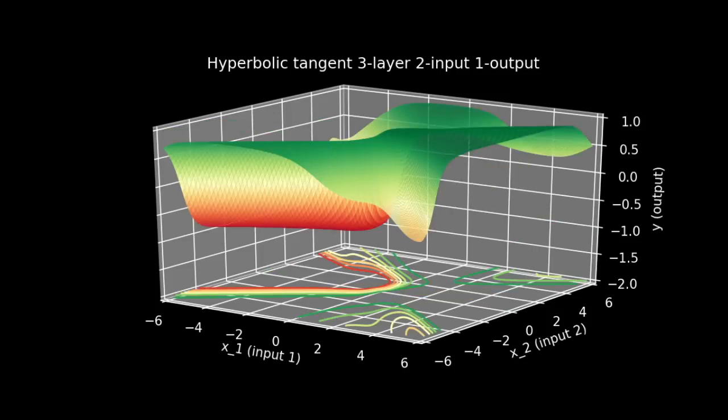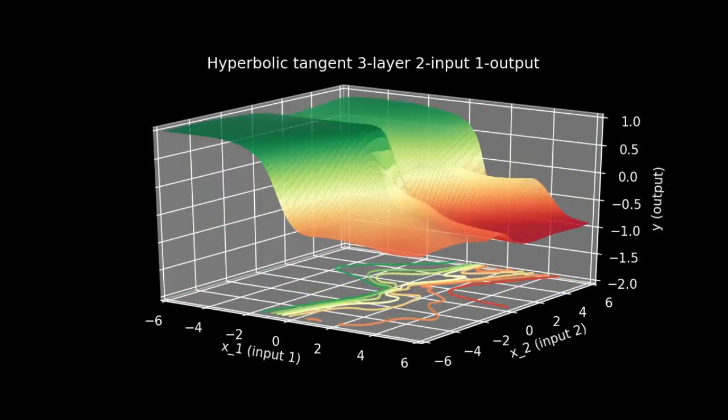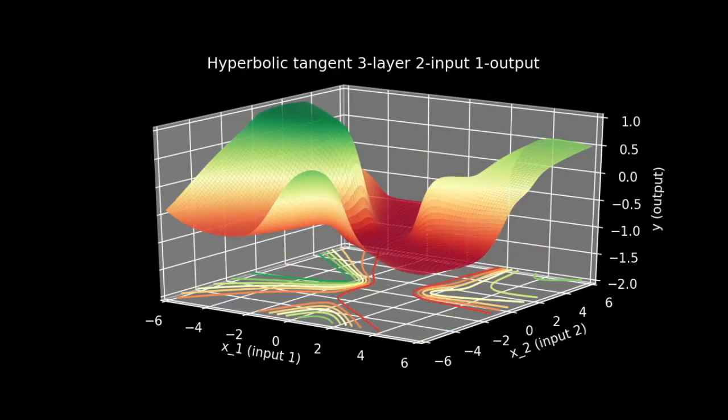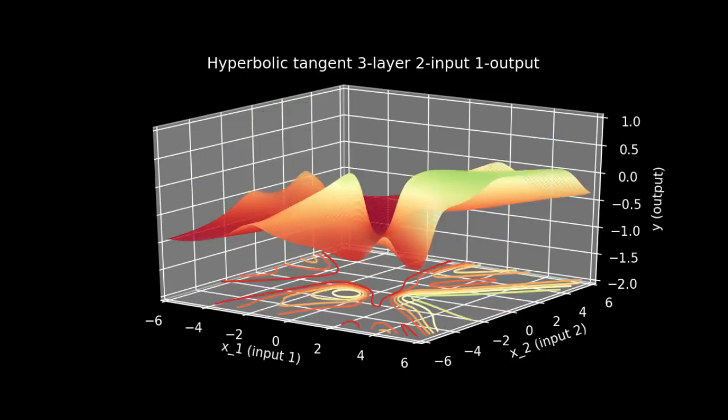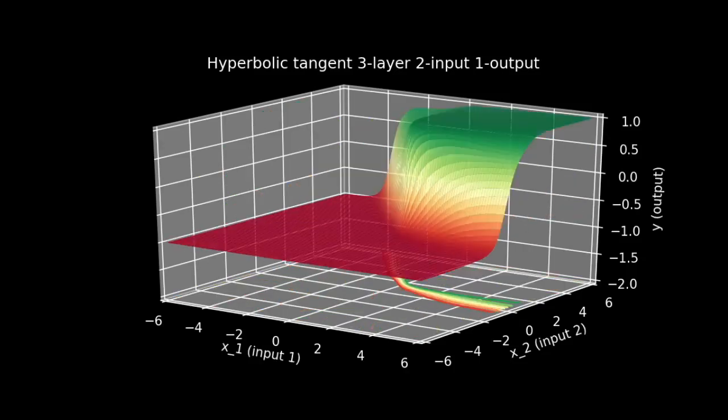First, notice that all of the functions fall between plus and minus 1. The dark red and the dark green regions kiss the floor and the ceiling of this range, but they never cross it. This neural network would not be able to fit a function that extended outside of this range. Also, notice that these functions all tend to be smooth.